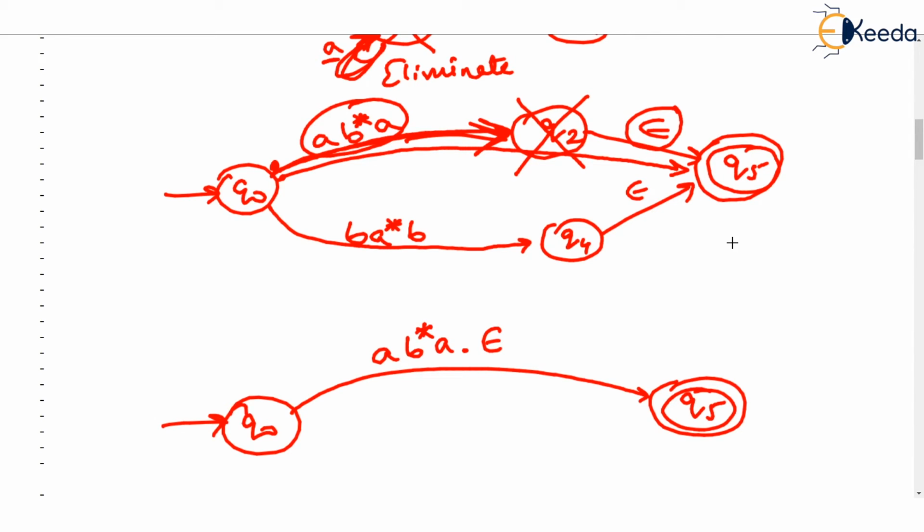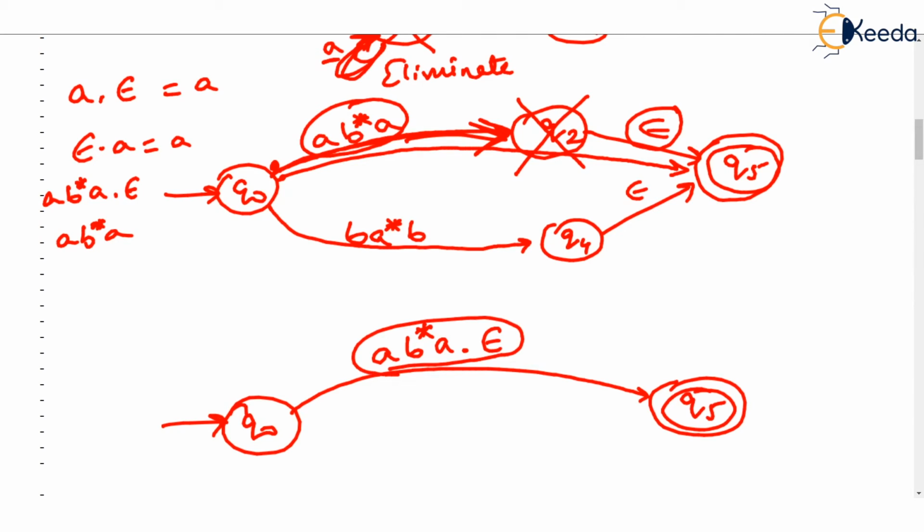Concatenate, isn't it? But listen, anything concatenated with epsilon doesn't matter. If you have A dot epsilon, this is the same as A. Epsilon dot A is the same as A. Or if you have A B star A dot epsilon, this is the same as A B star A. So you can really write this as A B star A. You can just ignore this epsilon.